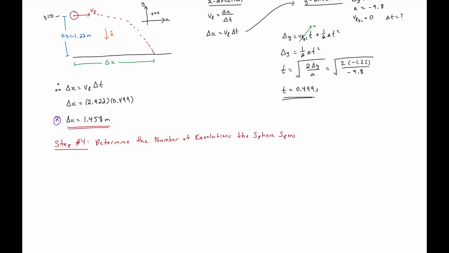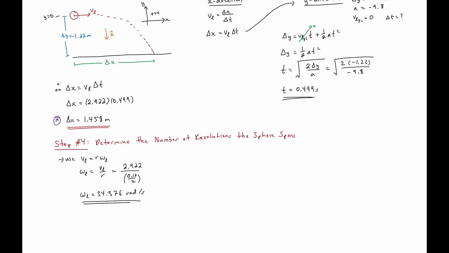So in order to find the number of revolutions for part B, we need the angular speed. So we can use VL is equal to R omega for this, which means omega L is equal to VL over R, we have 2.922 divided by the radius, which was given as d over 2, or 0.17 over 2, and omega L is equal to 34.376 radians per second.